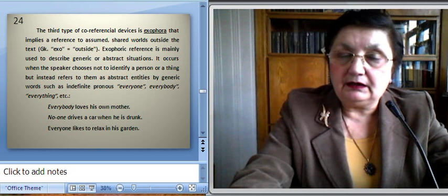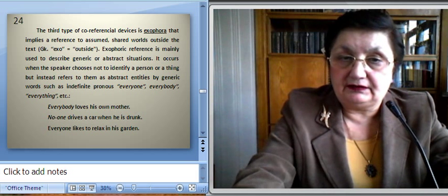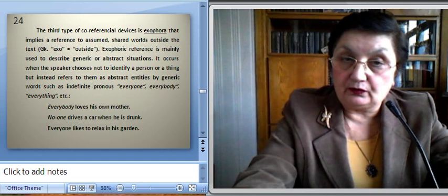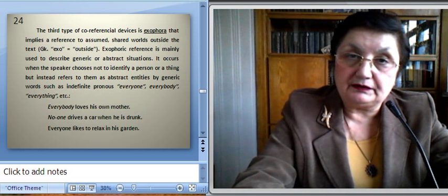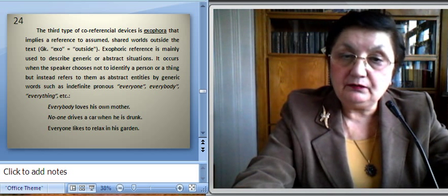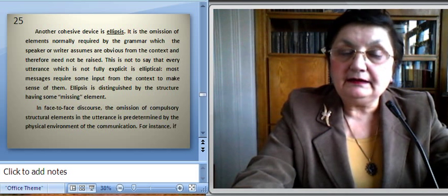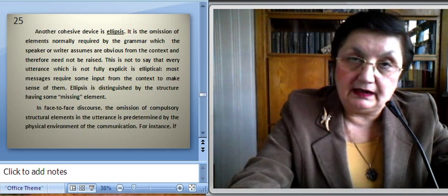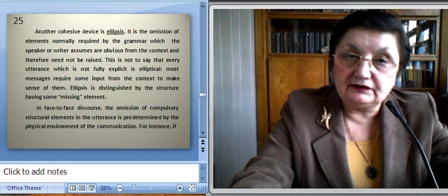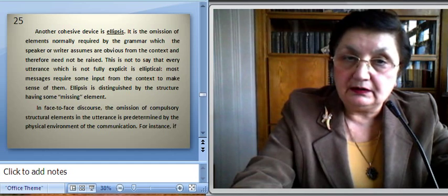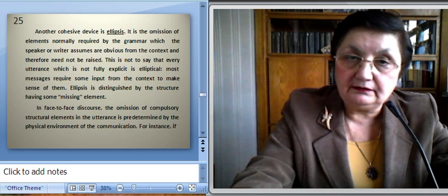It is the omission of elements normally required by the grammar, which the speaker or writer assumes are obvious from the context and therefore need not be raised. This is not to say that every utterance which is not fully explicit is elliptical. Most messages require some input from the context to make sense of them.